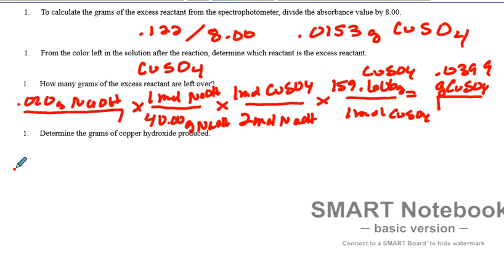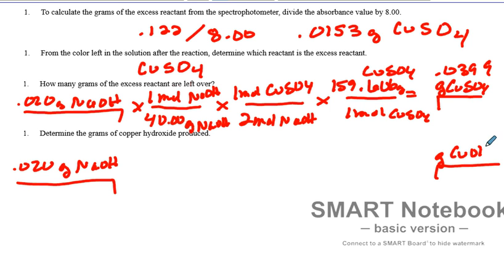I've got my 0.020 grams of sodium hydroxide on this side, and on this side, I want to know how many grams of copper hydroxide were produced. Notice how we're using the limiter throughout, because all of the limiter reacts, not all of the excess reacts, of course.